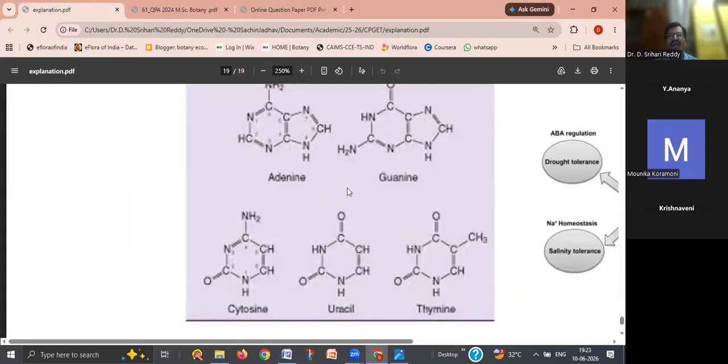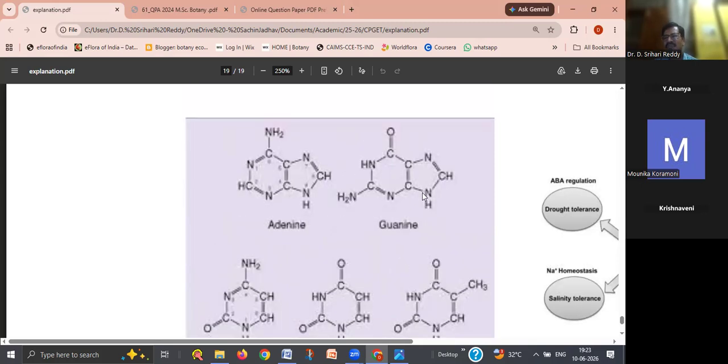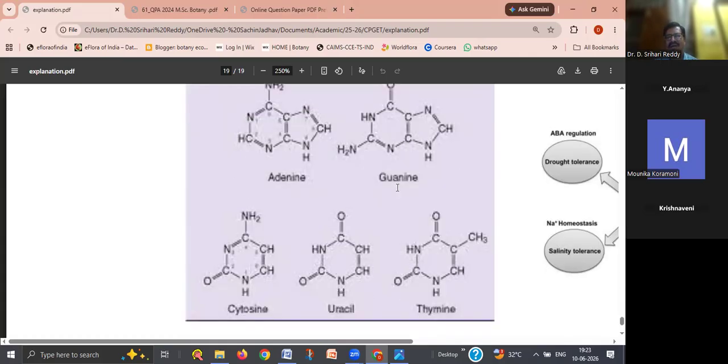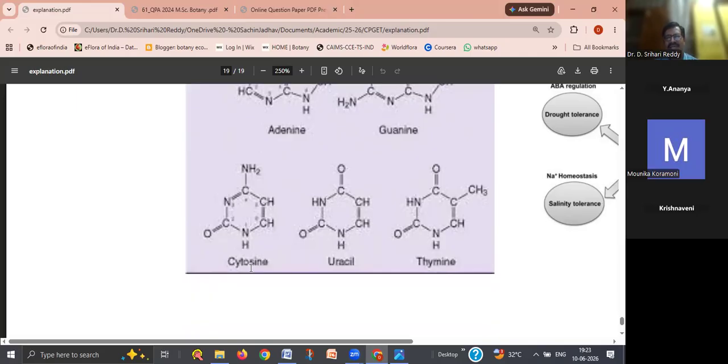Here you see the structures of adenine, guanine, cytosine, uracil, and thymine. These are adenine and guanine. These two are called purines. They have two-ring structures. And cytosine, uracil, and thymine are called pyrimidines. These are monocyclic structures.